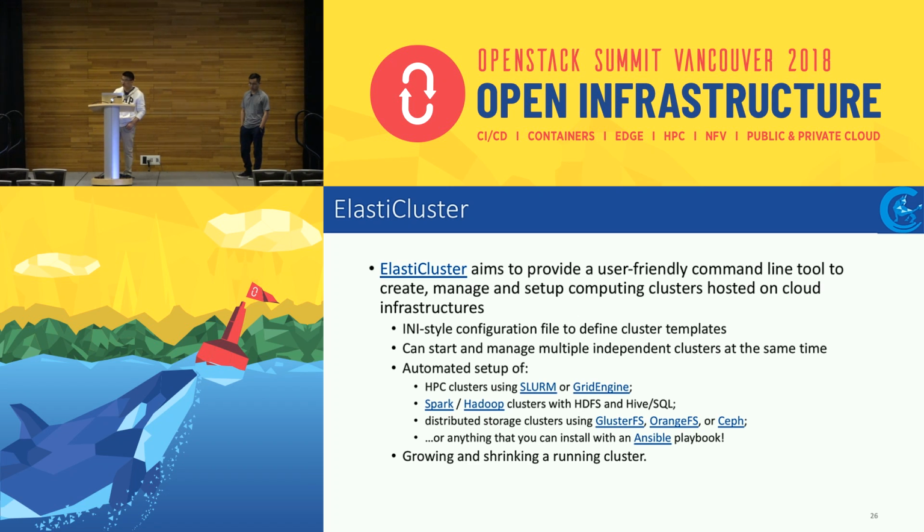It can start and manage multiple independent clusters at the same time, and it's easy to scale a running cluster up and down. It supports automated setup of all kinds of HPC clusters, even big data clusters, Hadoop, and other distributed storage clusters. In our case, we currently only use the Slurm automation feature.